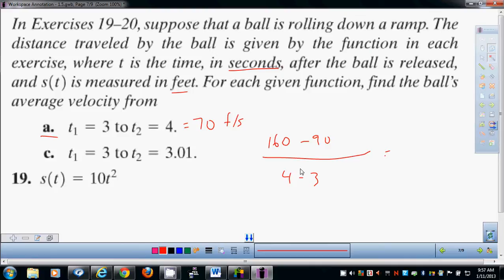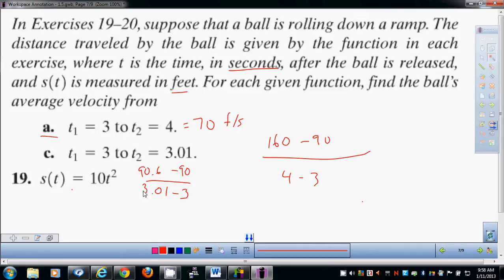Part B is the exact same thing, except instead of those numbers, it's going to be 3.01 minus 3 on the bottom, and on the top, I need somebody with a calculator to punch in 3.01 squared and times it by 10. 9.06 times 10. 90.6, and this is just 90.